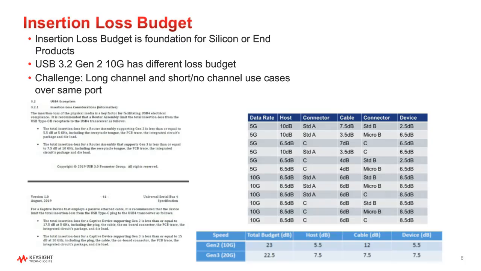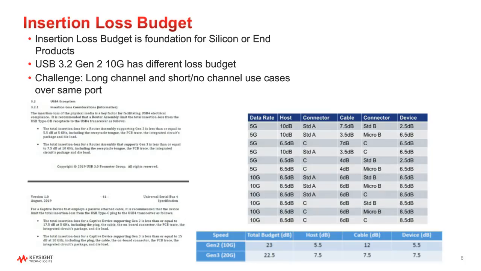The insertion loss budget. I think for most of us, especially in silicon and systems integration, this is a really important chart because we spend a lot of time trying to figure out, especially in the early days, what do you embed? So on the top is the insertion loss chart for the 5 and 10 gig USB standards. And then, of course, at the bottom right is the insertion loss budget for the 10 and 20 gig USB 4 standard.